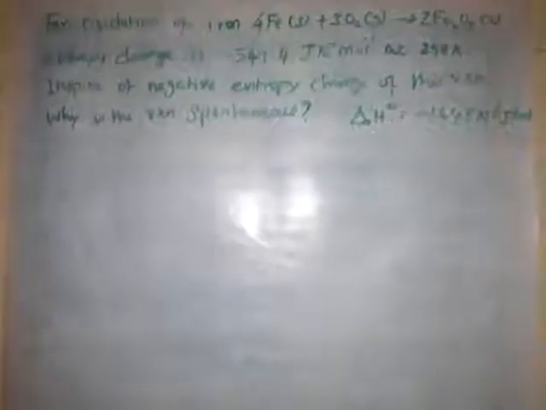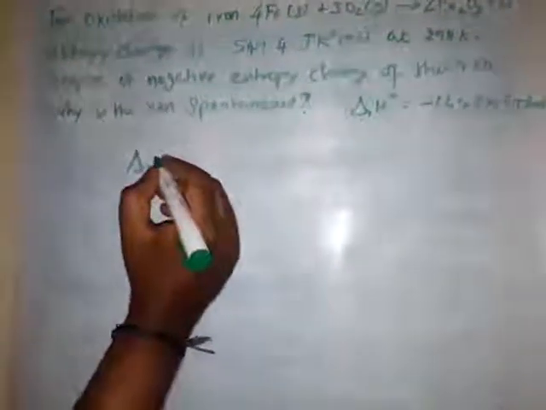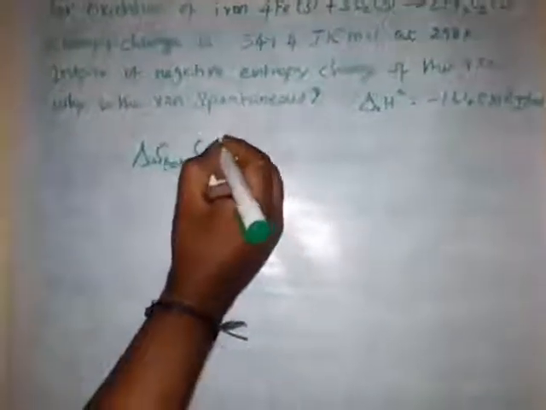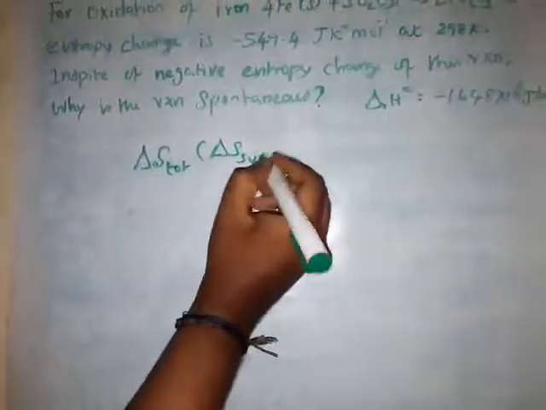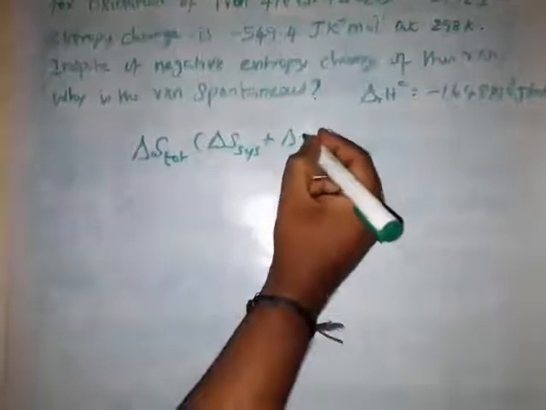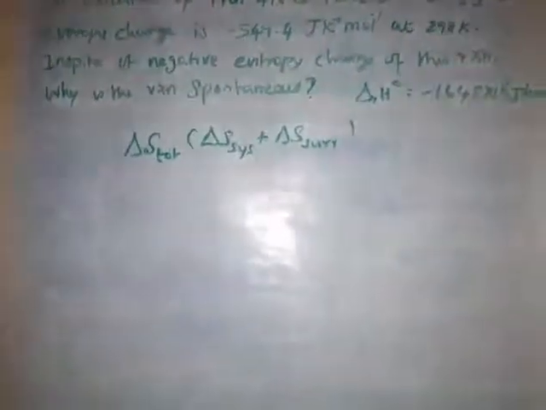First, the spontaneity of the reaction: delta S total, the total entropy change, is the entropy of the system plus the entropy of the surroundings.